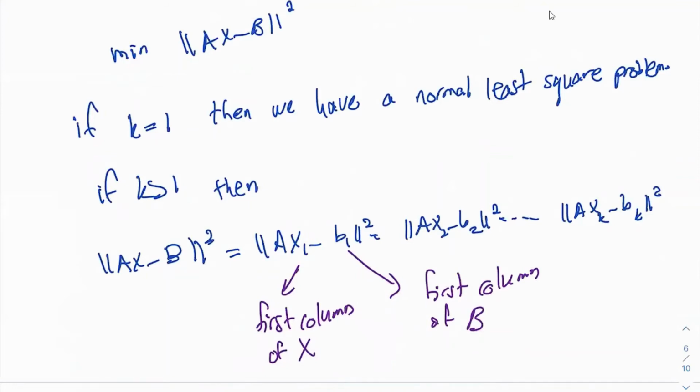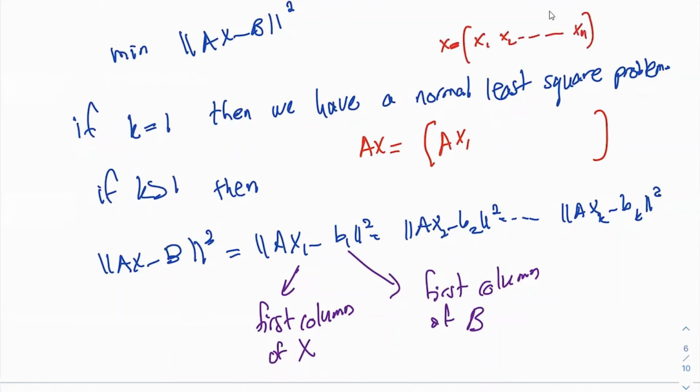So we only need to understand what happens when we have the norm of AX minus B squared. Let me explain what happens. In another video, we talked about matrix multiplication. I will make sure to put a link to that video here. I said that when we have AX, where A is a matrix and X is a matrix as well, one way to interpret this is a column interpretation. You can write it like that: X is going to be the columns x1, x2, all the way to xk.